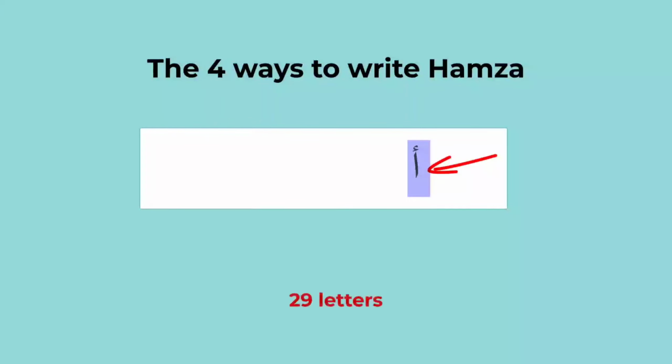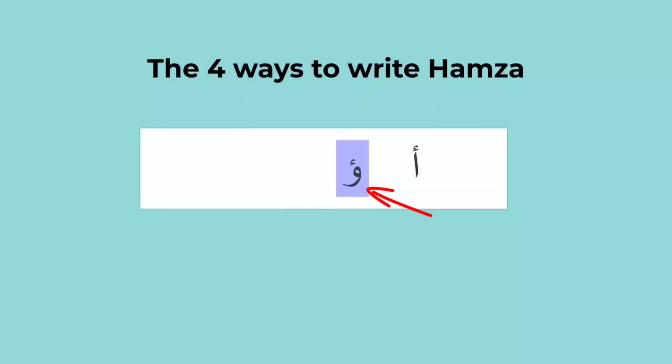It is Hamza's chair. Hamza is very delicate. She needs a chair. Okay? So here alif is the chair for Hamza. Sometimes waw will become a chair for Hamza. And sometimes ya will become a chair for Hamza.